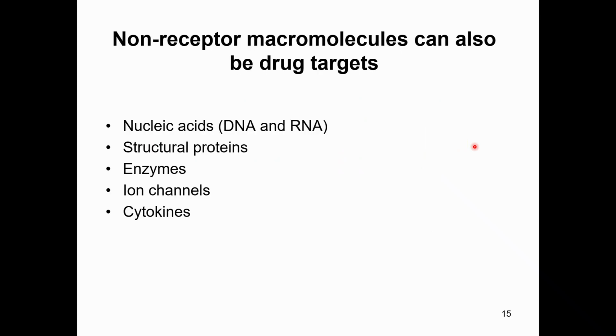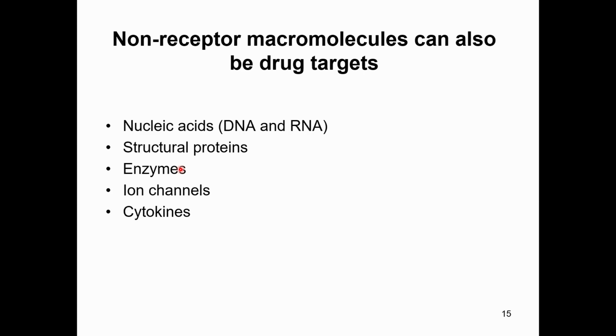I talked about receptors just now, but there are also a lot of non-receptor drug targets. Nucleic acids, some drugs target DNA and RNA directly. Some drugs can target structural proteins, things like tubulin, actin, that type of thing. Some drugs can target enzymes, the proteins that actually do chemical reactions, right?